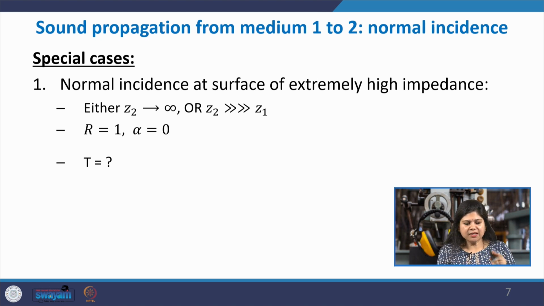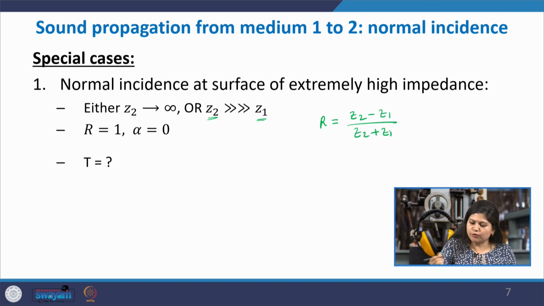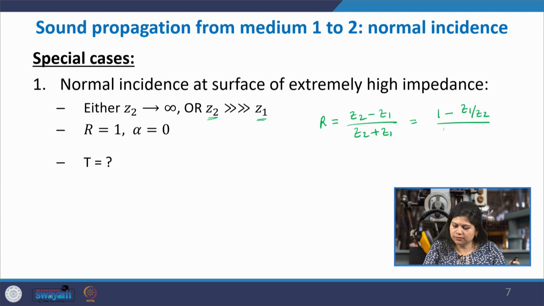This is the special case that we have encountered with this problem. These are two special cases which have a similar result: either the impedance of medium 2 is much higher in magnitude compared to the impedance of medium 1, or the impedance of medium 2 is infinity, which is an extremely high impedance surface. Then R is equal to (Z2 - Z1)/(Z2 + Z1). Let us divide the entire expression by Z2.